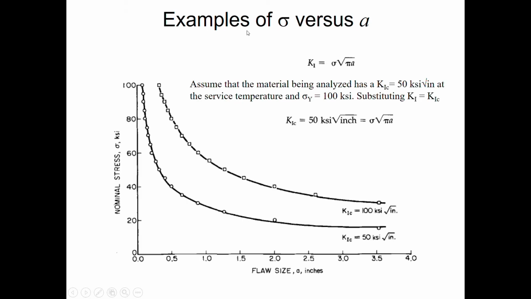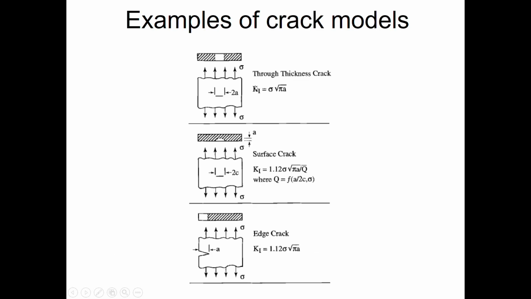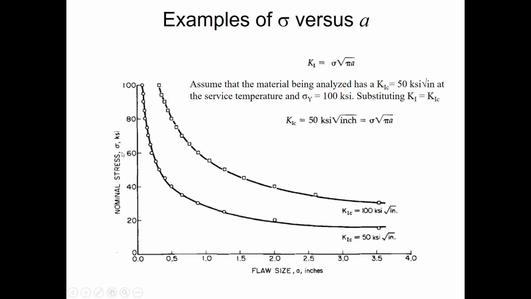Right, these are the examples of sigma versus A that we just briefly introduced. But this is with a range of values. So, for example, if I take K1 equal to sigma times square root of pi A, for example, this is the through thickness crack case, so we have this type of plot.